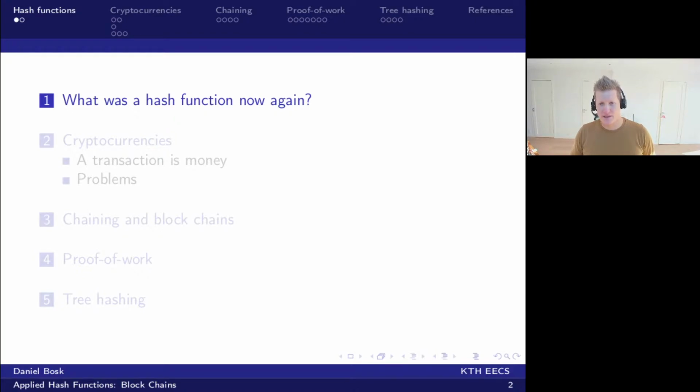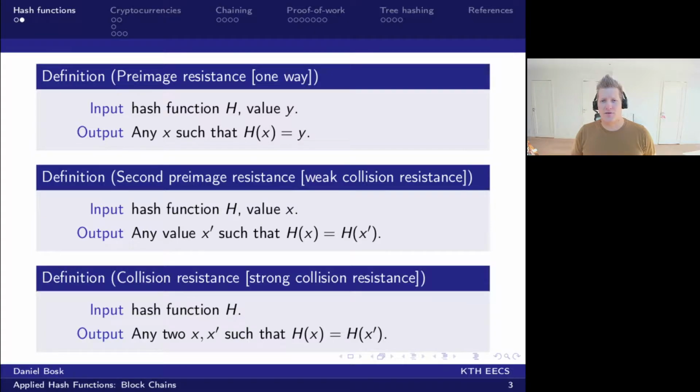And then we'll see chaining and blockchains and proof of work, which are two solutions to problems that we need. And finally, we'll see tree hashing, which is also another solution to another problem that we will see. So let's start talking about hash functions.